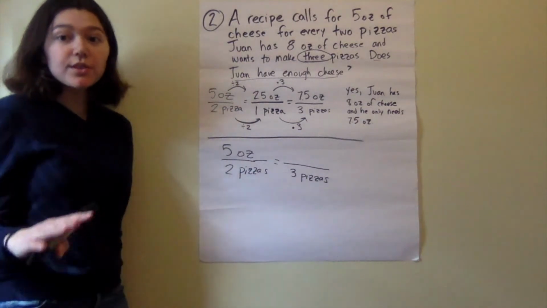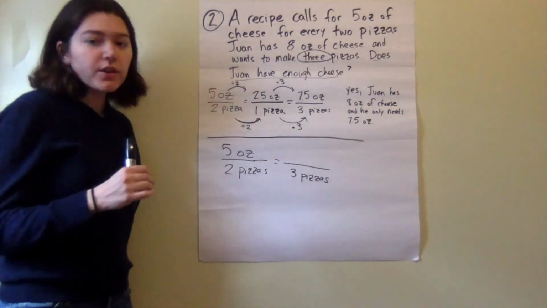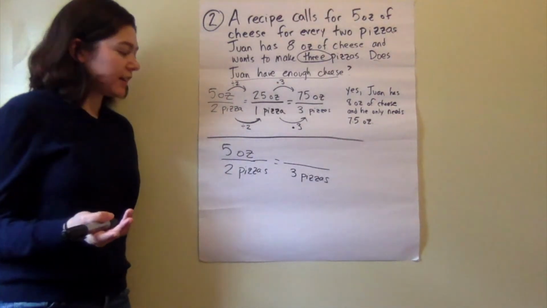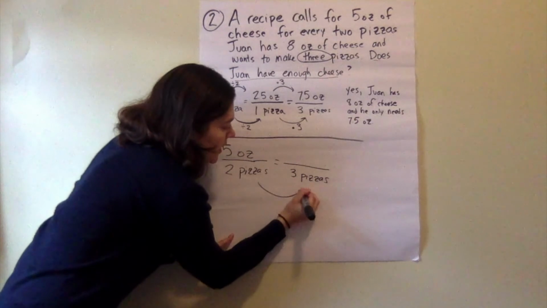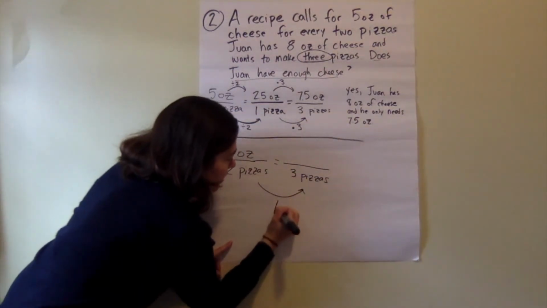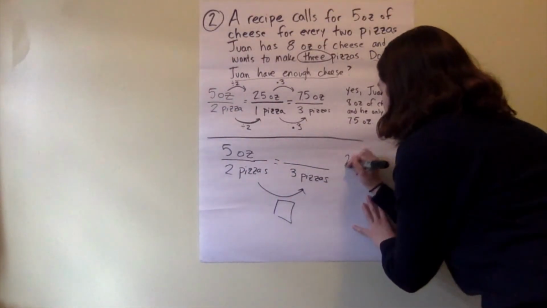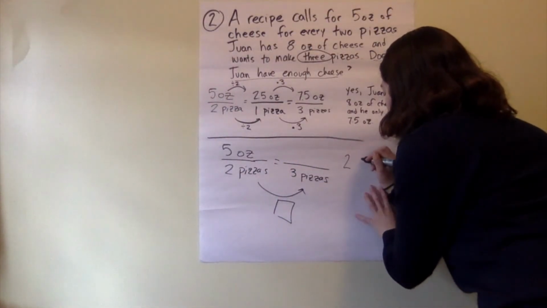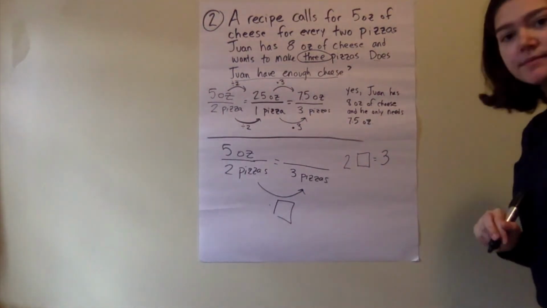How do we get from 2 to 3 by multiplying or dividing? What we're looking for is 2 times some mystery number gives me 3. So if I write that over here, 2 times mystery number gives me 3.